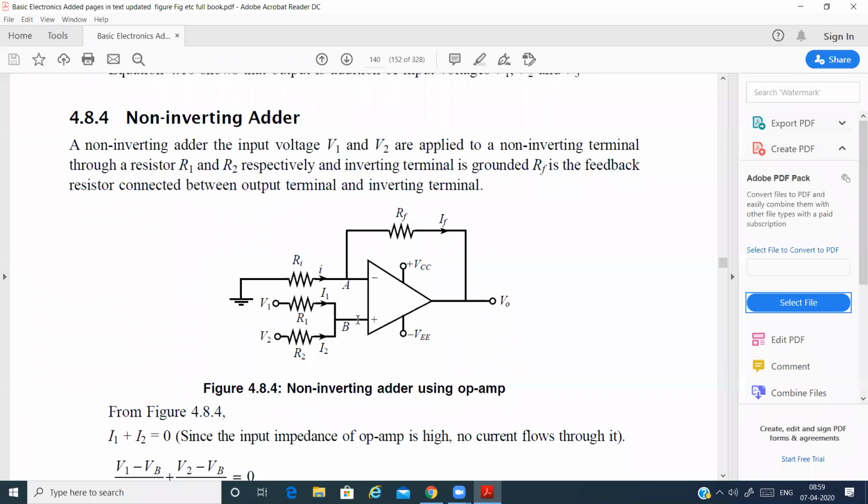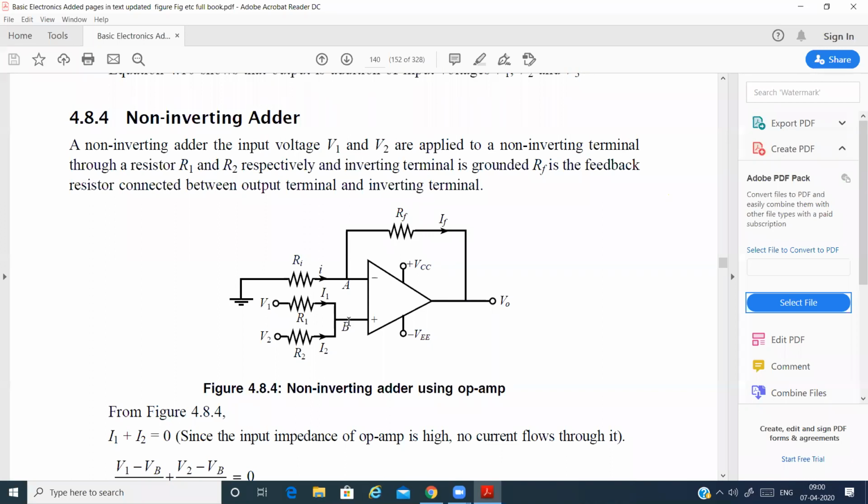But here we always apply the Kirchoff current law to the virtual ground which is present at the inverting terminal. So first we have to find out the total voltage which is coming at the point B.